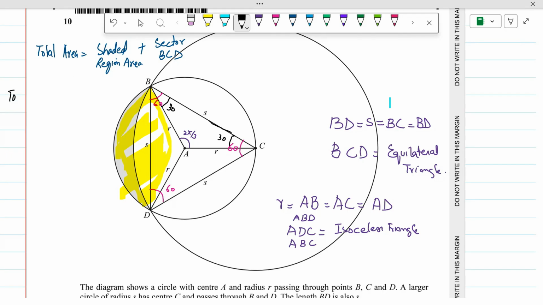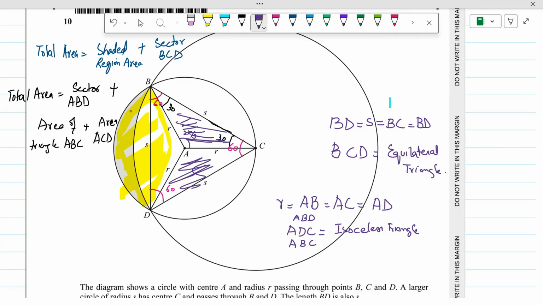So we can say the total area is equal to sector ABD plus area of triangle ABC plus area of triangle ACD. This one and this one. So we can find the total area by using two equations, and if we equate these two equations we can find the shaded region area. Let's remove it.